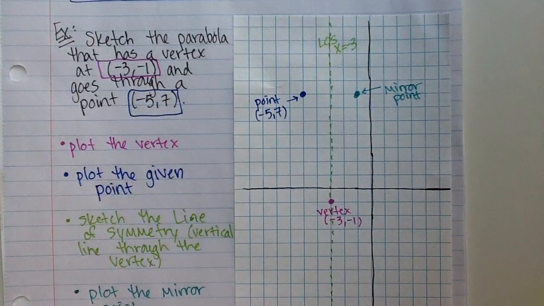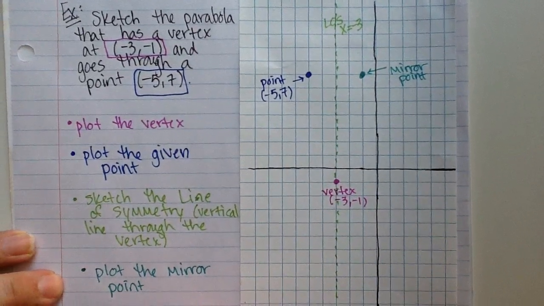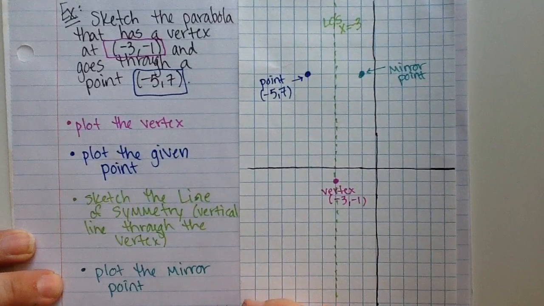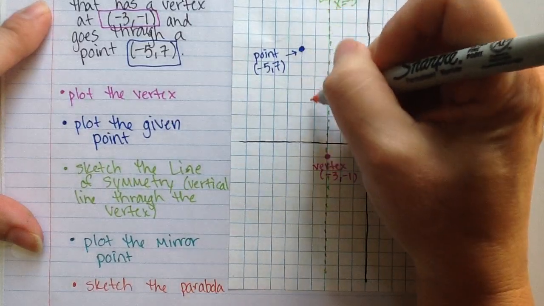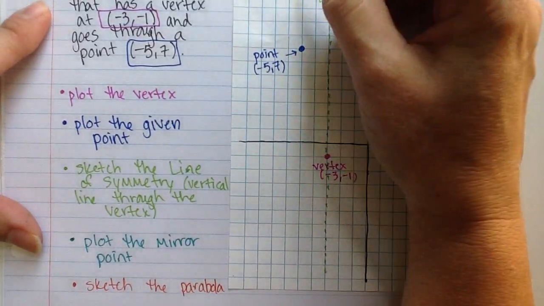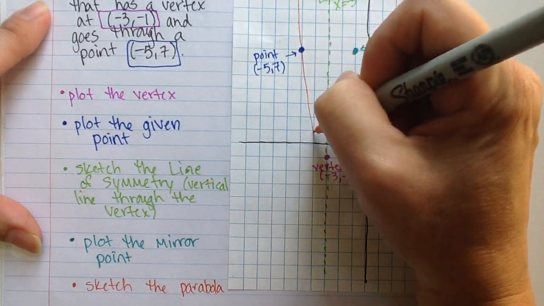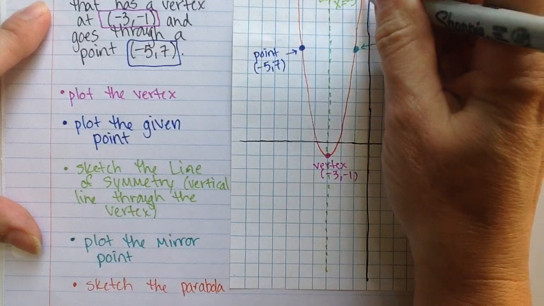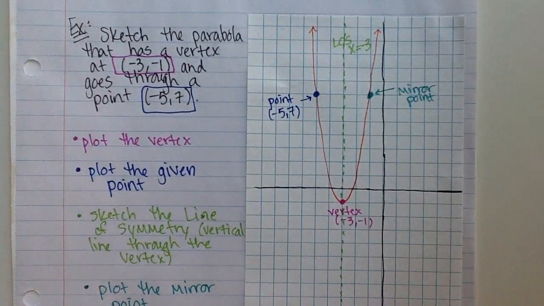And then voila, I have enough information. 3 points is enough to sketch a parabola, so I will sketch the parabola. So remember, we want to kind of make it a smooth curve through the vertex, like not pointy. I'll do my best. Curve through the vertex and then through the points. Make it nice and tall and give it arrows on the end.